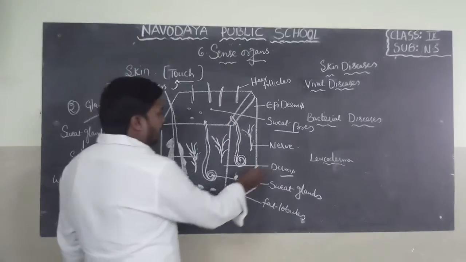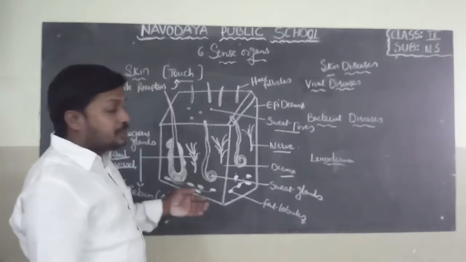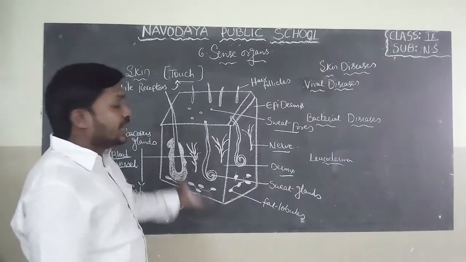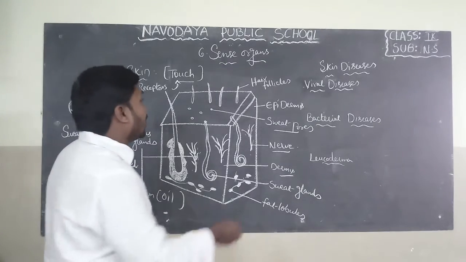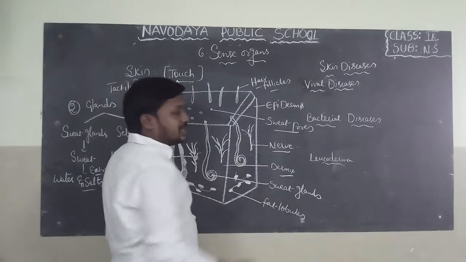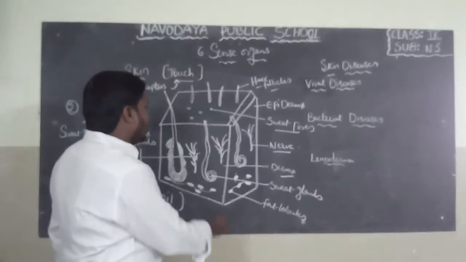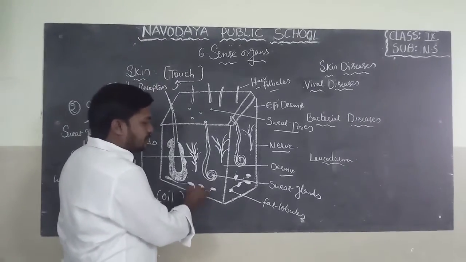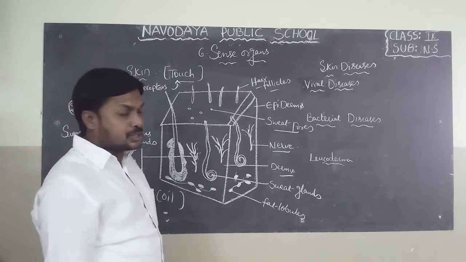And here we can find nerves. Nerves carry touch information from skin to brain and brain to skin. Here we can find hair follicles. We can find some hair on skin. These are also developed from dermis. Already we learnt in the 3rd lesson, animal tissues.